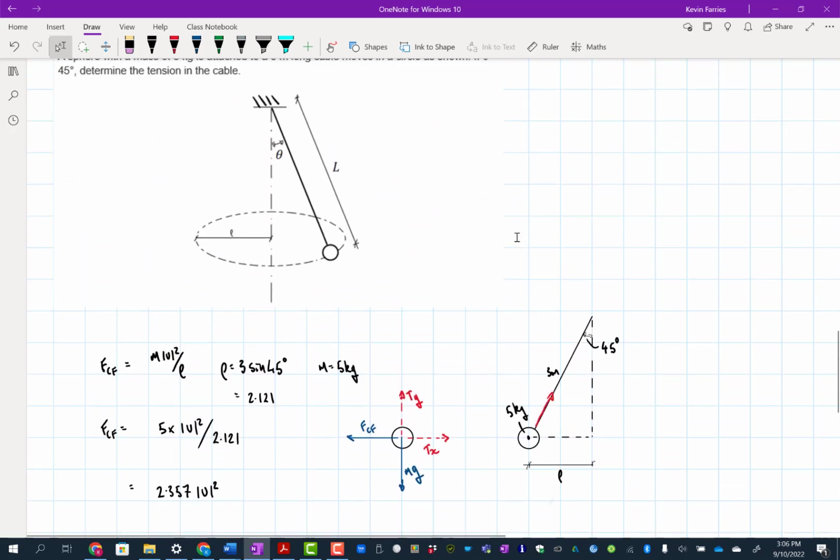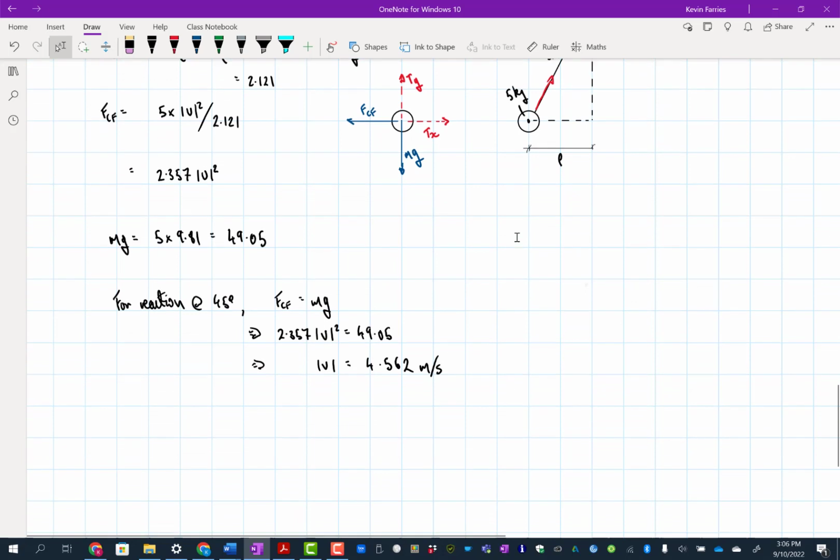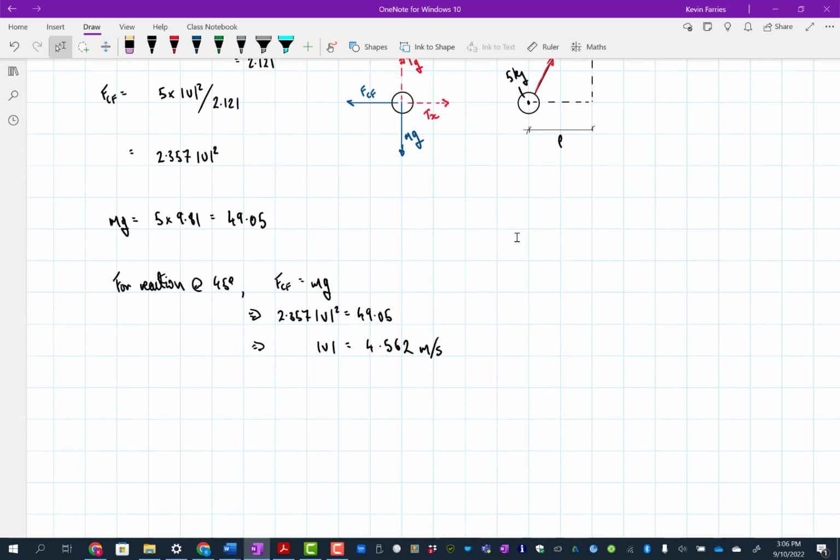Now, what do we need to do? It wants to know what the tension in the cable would be. So we know that Ty is going to be mg, which is equal to 49.05. And we also know that the centrifugal force is also 49.05.